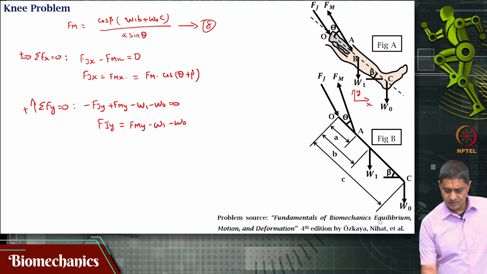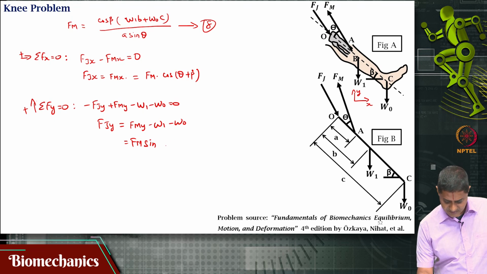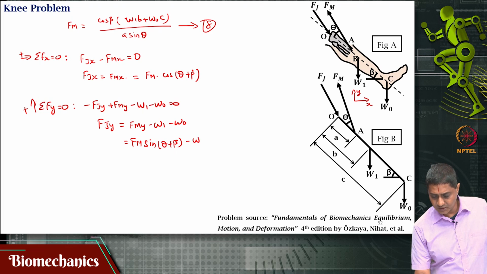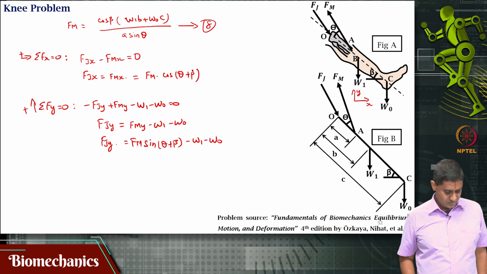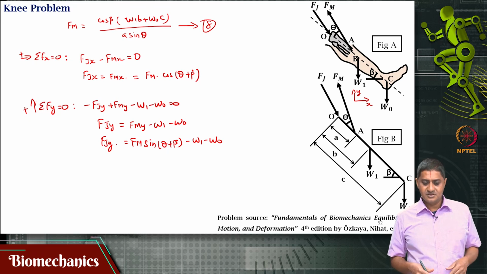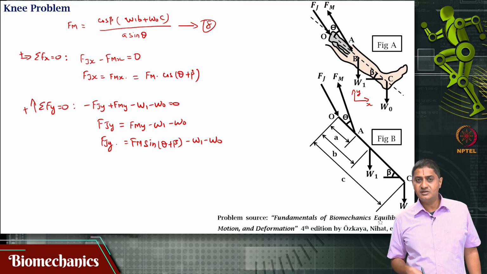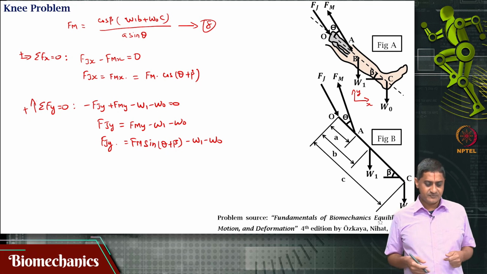But what is Fmy? That is Fm sin of theta plus beta, from my previous work. So, find Fm as per equation 8 and substitute in this equation for Fjy. You can find the vertical component of the joint reaction force at point O. So I know Fmx, Fmy, Fjx and Fjy. I know everything.